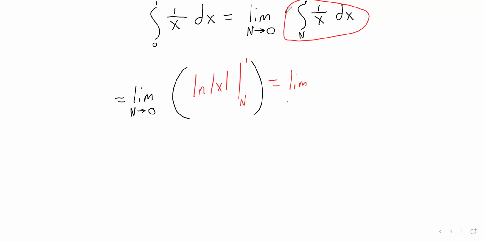It is the limit as n approaches 0 of the natural log of 1 minus the natural log of n. Again, properly speaking, we're taking a limit from the right, so we don't really need these absolute values if we don't want them. And now it all depends on whether we know what the natural log looks like. The natural log of 1 is 0.